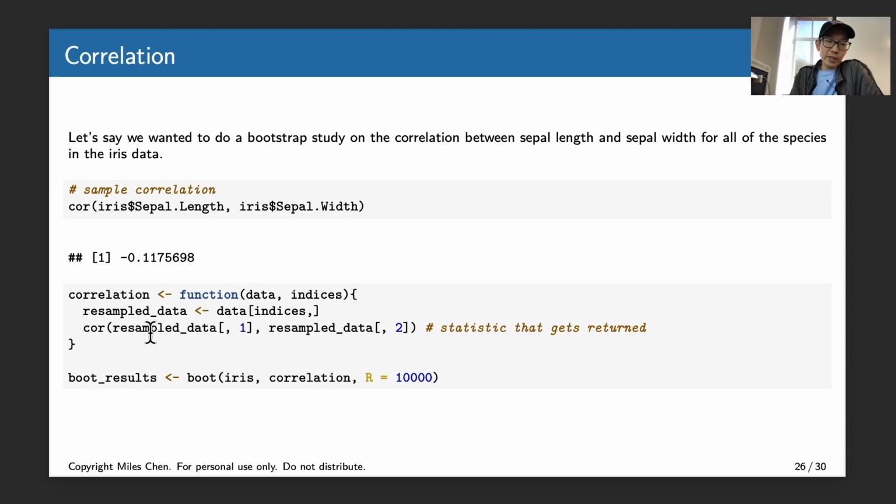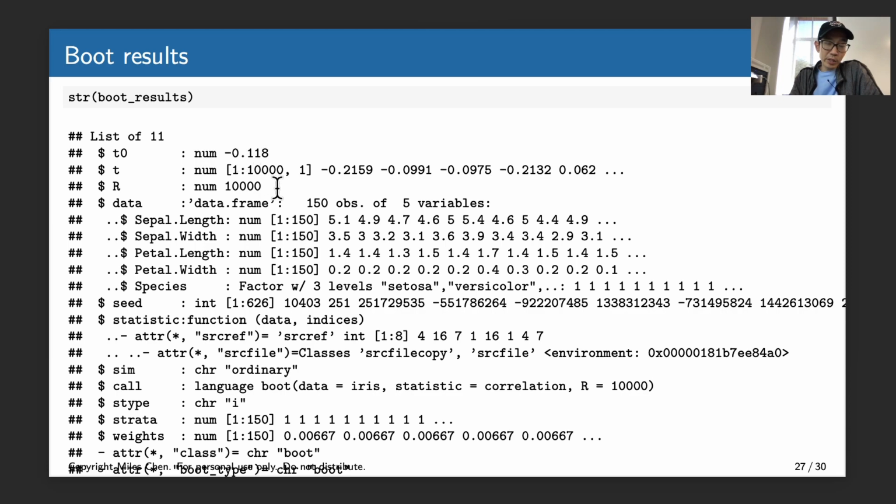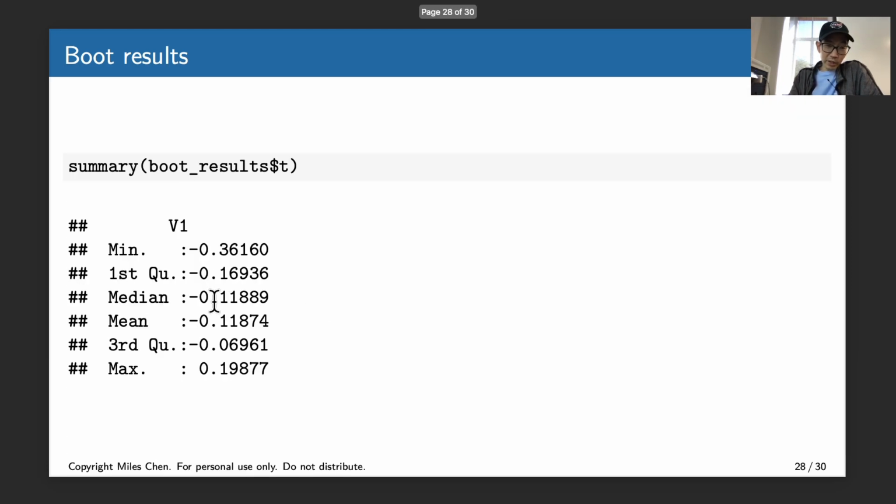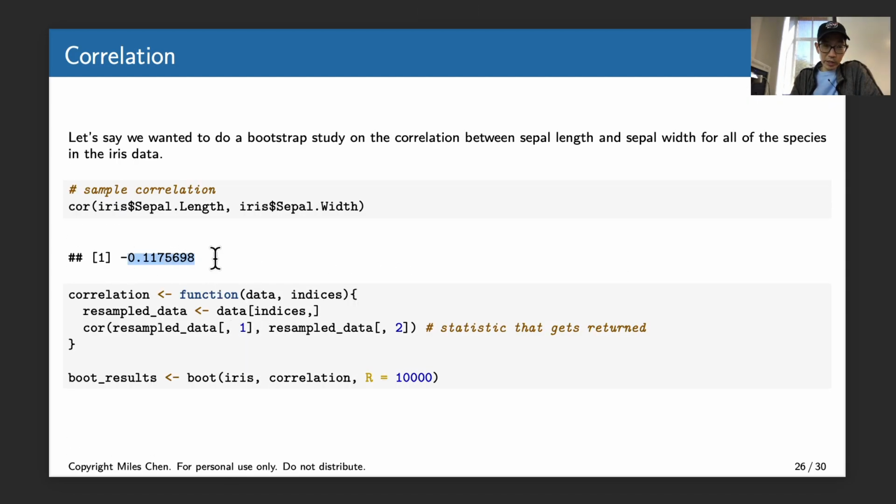Here I'm going to calculate the correlation of our resampled data. I'm going to subset my data using the indices, look at column 1 and column 2 of my resampled data, and calculate the correlation. Bootstrap results, most of the time we're getting values of around negative 0.118, which is what we have right here.